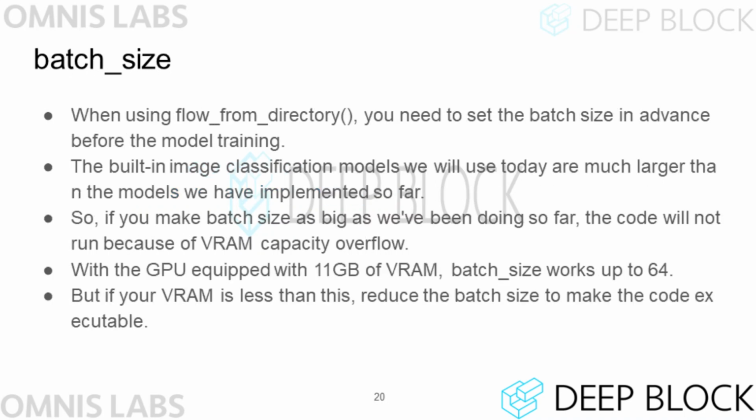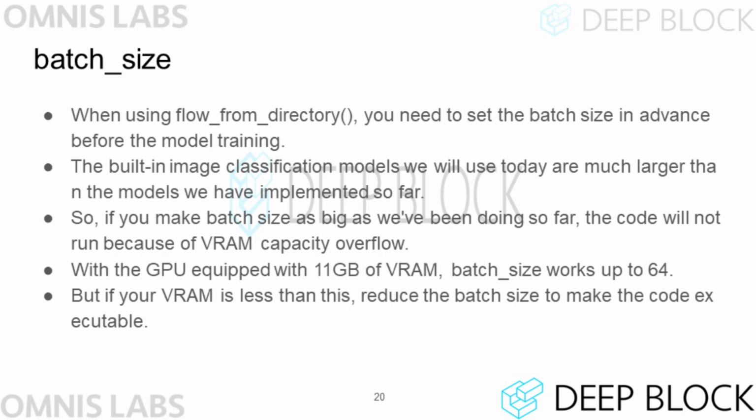When using the flow from directory method, unlike when using the fit method, batch size must be specified before starting the model training. However, the size of the models in Keras applications to be used today is very large, and the size of the image is also much larger. Therefore, unlike the previous classes, today's batch size must be small.